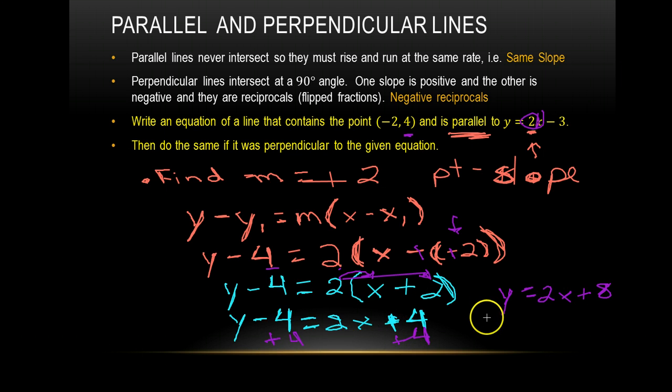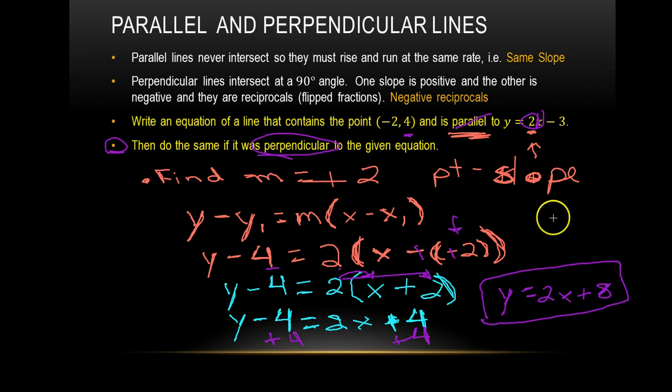We're going to do a very similar thing for this second part, which says, hey, now do the same problem. It goes through the point -2, 4, but instead of it being parallel, make it perpendicular to this line. So that's going to just change one little thing here. We know that the slope of this line is 2.